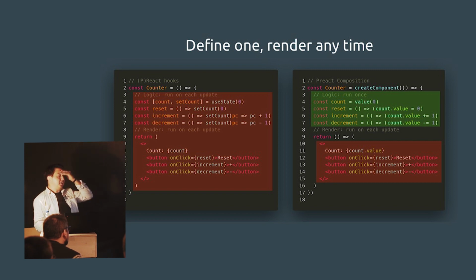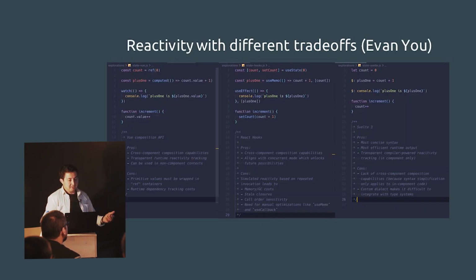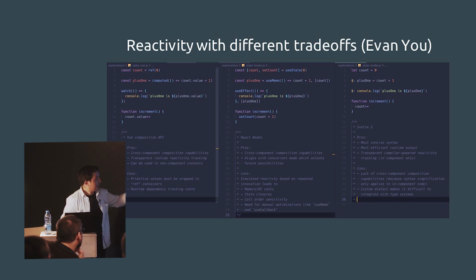So Evan You also made a tweet when he tried to explain what is the difference in three different libraries or frameworks. It talks about Vue, it talks about React hooks, and Svelte. Not talking about Svelte because that will be for a different talk, because it's a different subject.